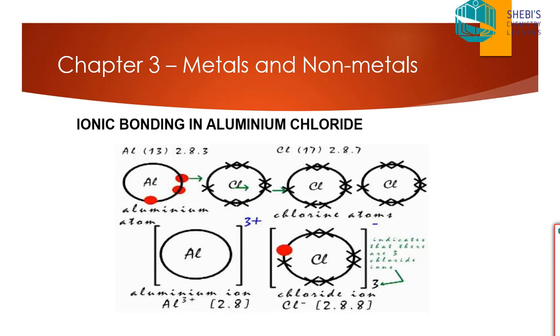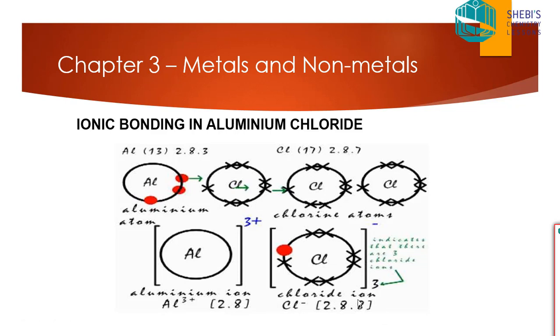After losing 3 electrons, aluminium will become positively charged, and chlorine will become a negatively charged chloride ion. Now either you can draw 3 chloride ions one by one, or draw one single chloride ion in a bracket and put the number 3 outside the bracket, meaning 3 times the chloride ion.